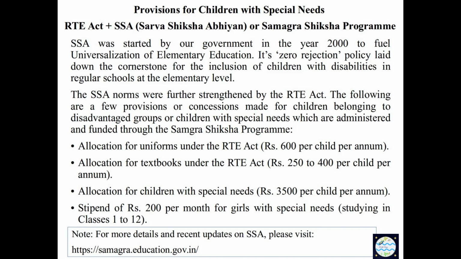Allocation for obtaining textbooks under the RTE Act. Allocation for children with special needs, that is, an amount of Rs 3,500 per child per annum. A stipend of Rs 200 per month for girls with special needs studying in grades 1 to grade 12.